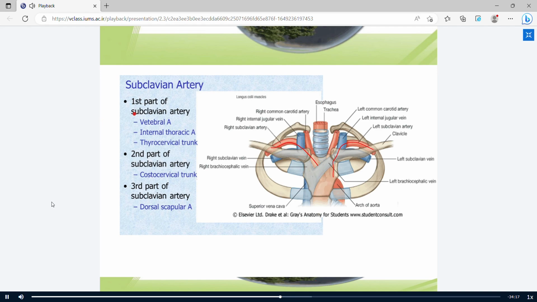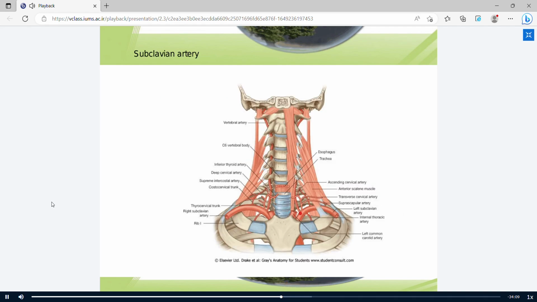It has 3 parts: first part, second part, and third part, because the subclavian artery passes posterior to the anterior scalene muscle and is divided into first, second, and third parts.